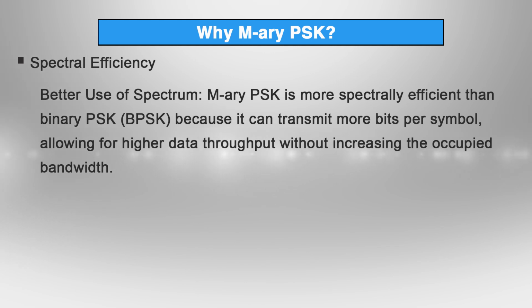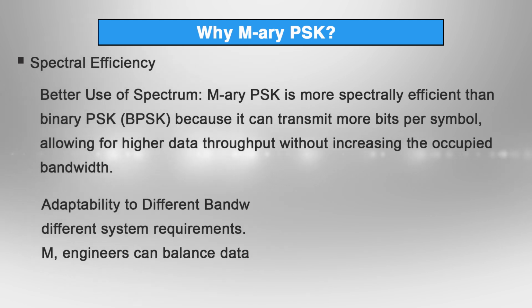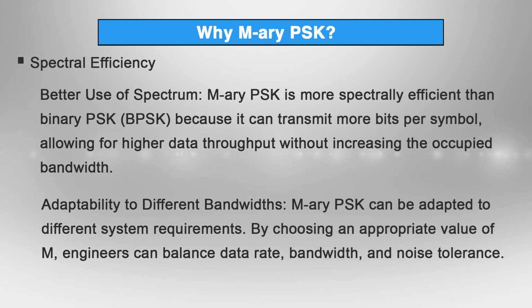M-ary PSK is more spectrally efficient than binary PSK, BPSK, because it can transmit more bits per symbol, allowing higher data rates without increasing the occupied bandwidth. M-ary PSK can be adapted to different system requirements. By selecting an appropriate value of M, engineers can balance the data rate, bandwidth and noise tolerance according to the application.